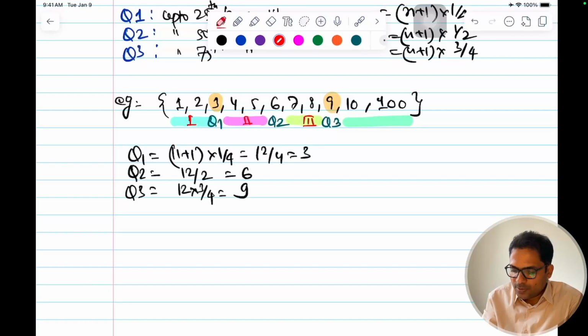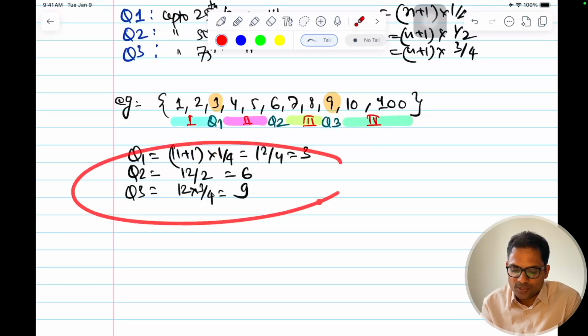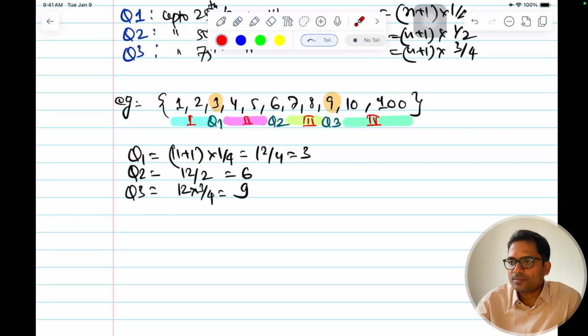So quartiles are 3, but the parts are 4. Q1 is till the 25th percentile, Q2 is till the 50th percentile, Q3 is till the 75th percentile, and beyond that it is till the 100th percentile. So these are the 4 parts it is dividing into, and Q1, Q2, Q3 are the metrics. This is how we measure it. Very important.